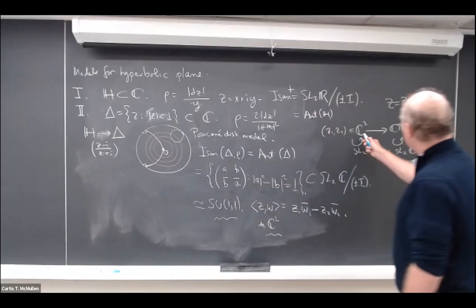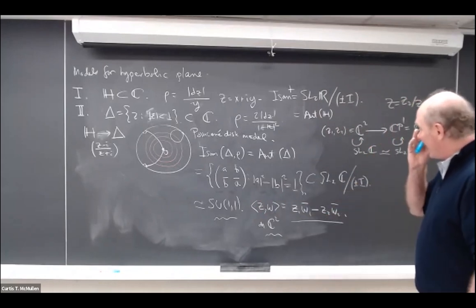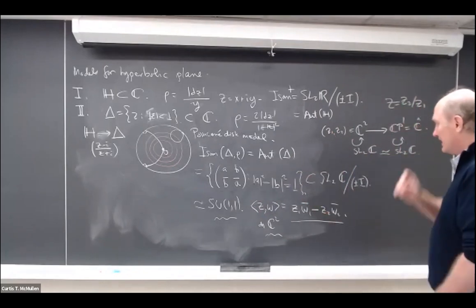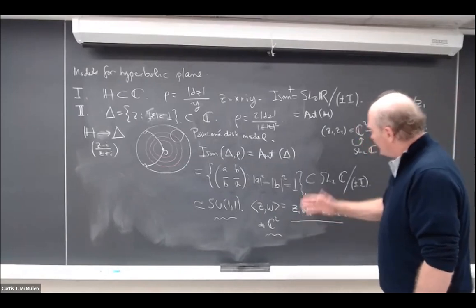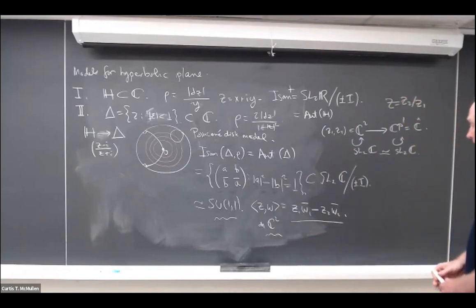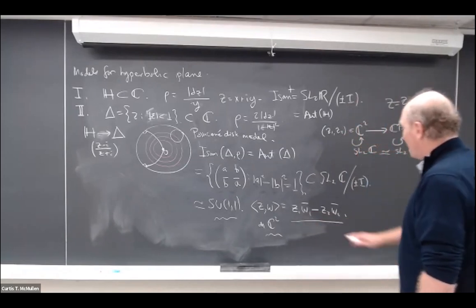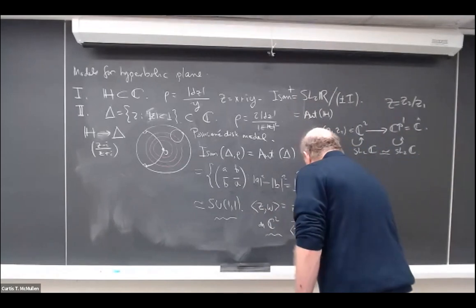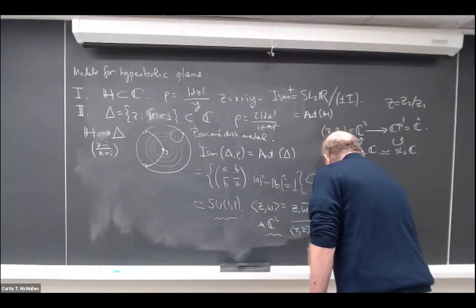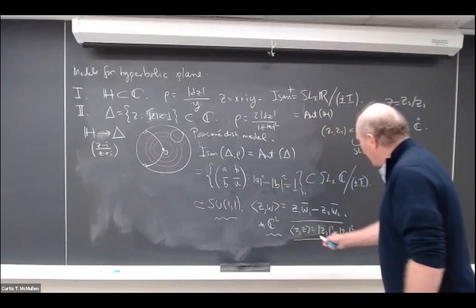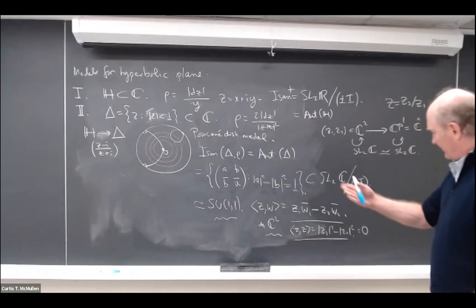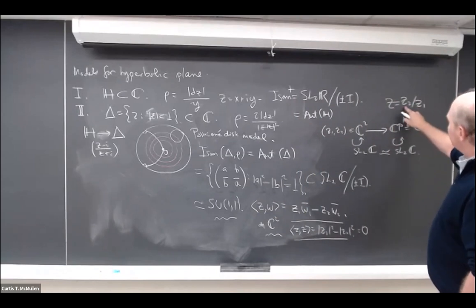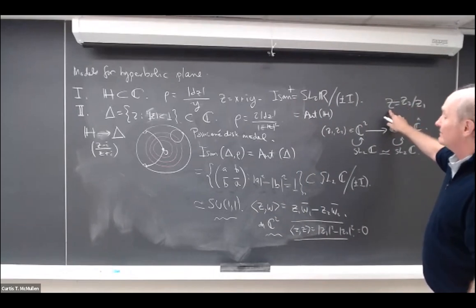Within C2, with respect to this inner product, we have different kinds of lines. We have positive lines, negative lines, and null lines. A null line is a line where all the vectors have norm 0. So what's a null line? A null line is where Z dot Z is equal to 0, but Z dot Z is the absolute value of Z1 squared minus the absolute value of Z2 squared. So the lines through the null vectors correspond to points on the Riemann sphere where Z1 and Z2 have the same absolute value, which means that the absolute value of Z is equal to 1.